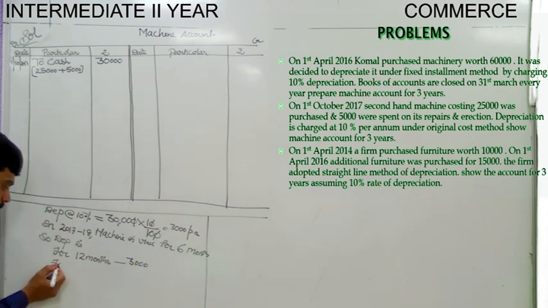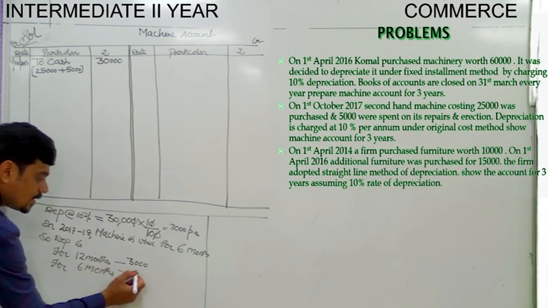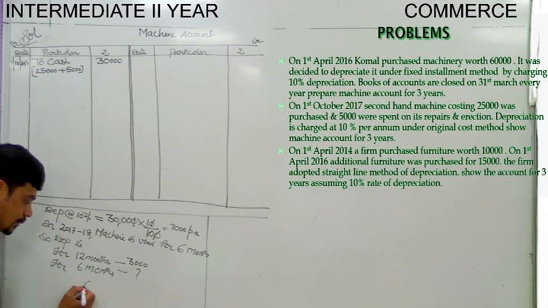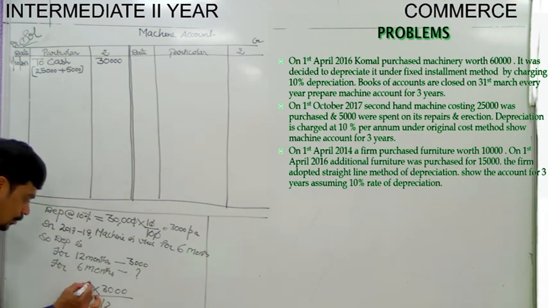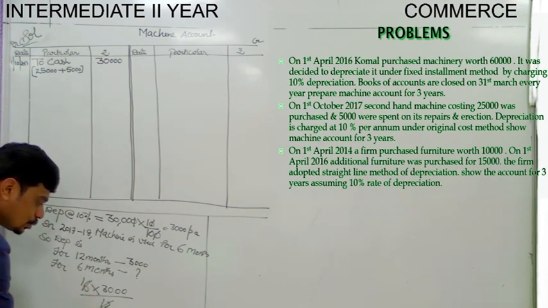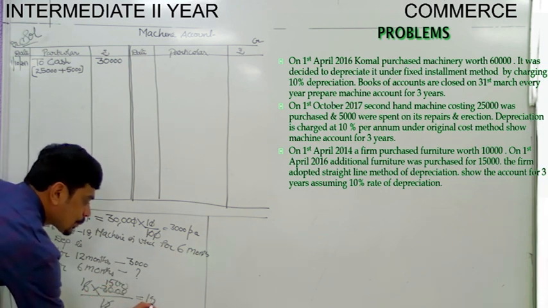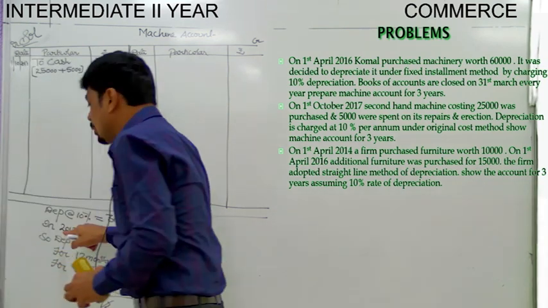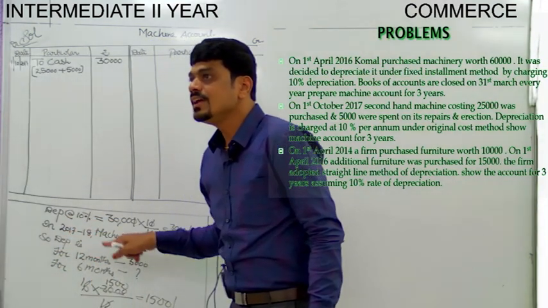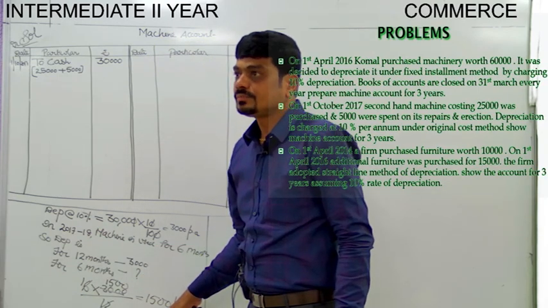We want it for how many months? 6 months. So for 6 months, how much? We'll calculate proportionately, cross multiply: 6 into 3,000 divided by 12. 6 ones are 6, 6 twos are 12, so 1 and 2, 1 five is 5. So how much is the amount? 1,500. Only for the year 2017 to 18 will we charge 1,500 as depreciation.